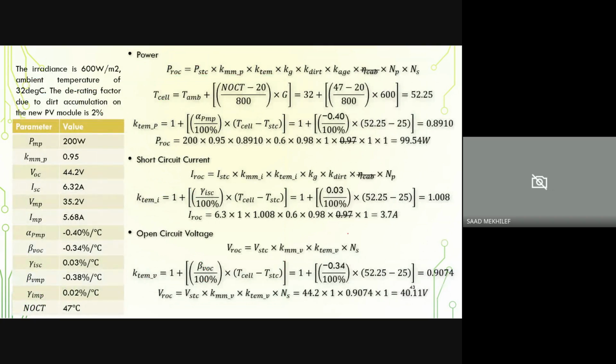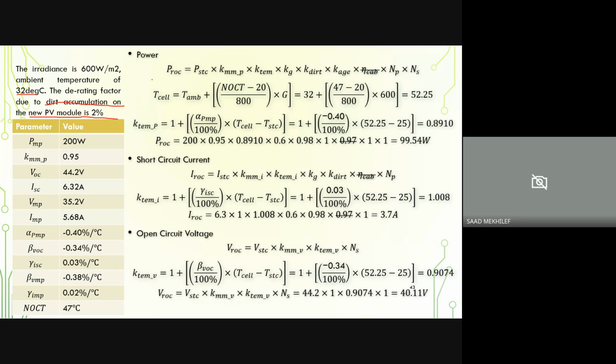Okay, so this is just an example. The irradiance is around 600 watt per meter square, ambient temperature of 32 degrees. The derating factor due to the dirt accumulated on the new PV modules is around 2%. So what does it mean? It means we have to derate due to the dirt.